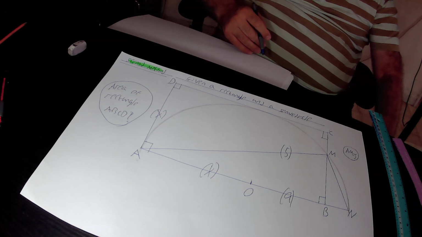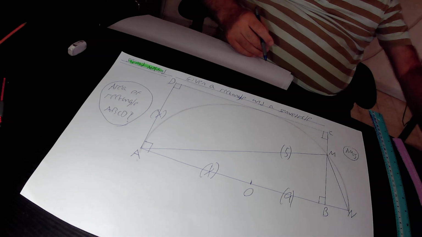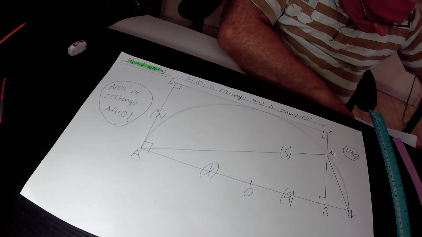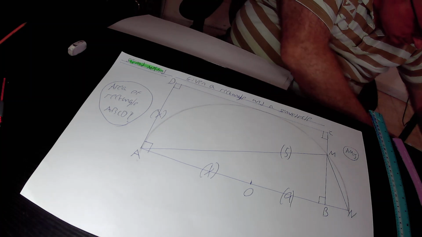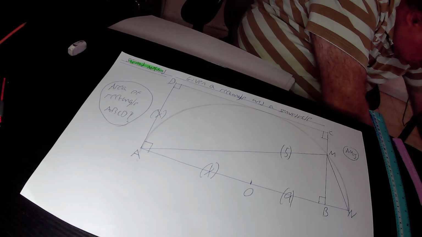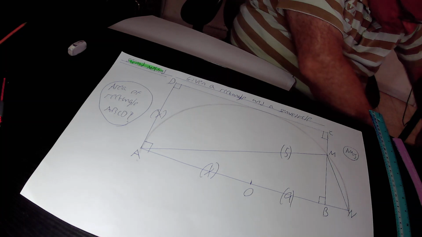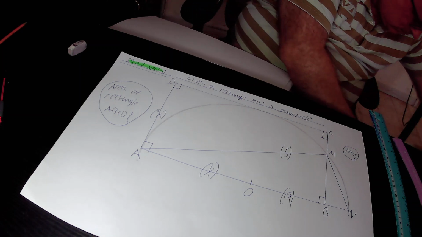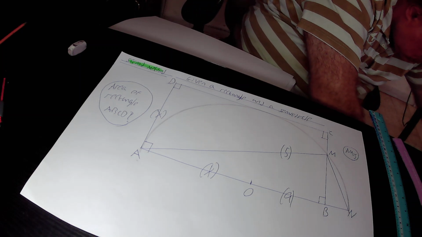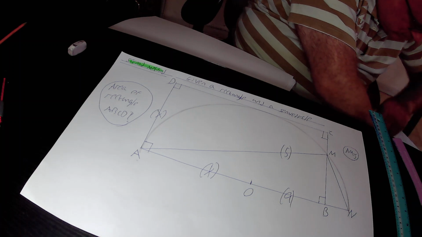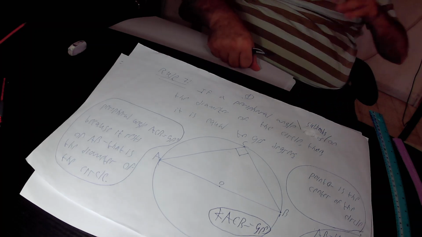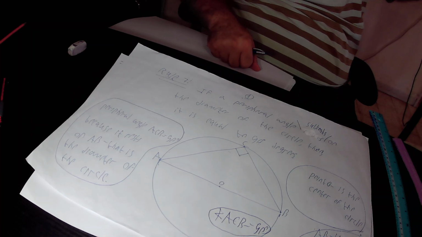So, repeat quickly on rule 7. According to rule 7, if a peripheral angle subtends the diameter of the circle, then it is equal to 90 degrees.